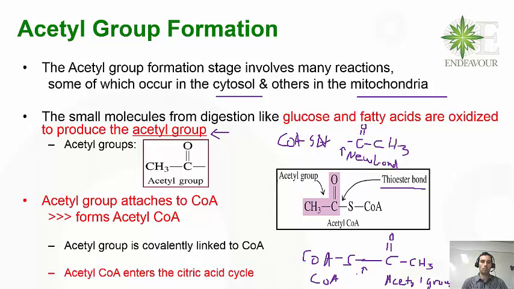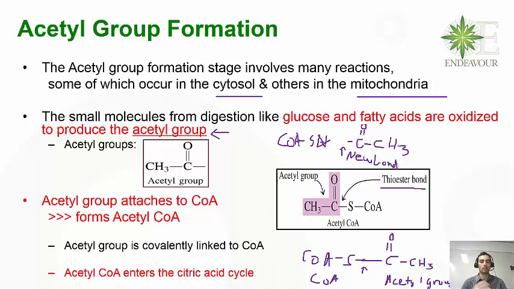So the important thing to remember about this acetyl group formation is basically that we can use the glucose and the fatty acids in oxidation reactions to create the acetyl group and then attach it to CoA. But just simply, if you realize that we create acetyl CoA from the breakdown of our carbohydrate and our fat through these metabolic reactions, then that is the overarching important message from this slide.